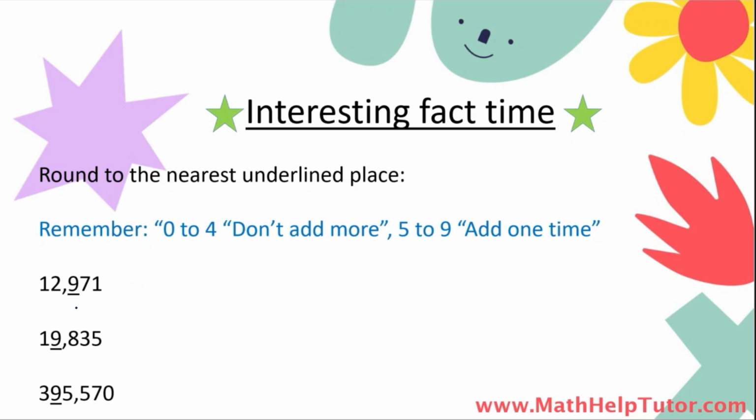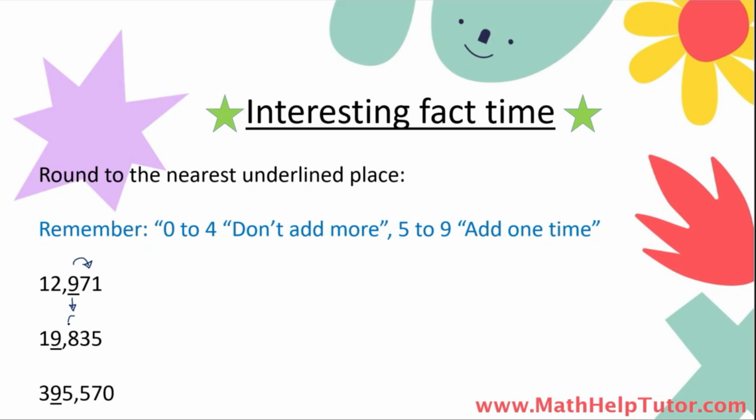Now let's try using this technique on numbers that have the digit 9. Remember to be careful with rounding the digit 9 and always see if your answer makes sense in the number line. So for the first number, we are being asked to round to the nearest hundreds place. So what we do is we look at the digit to the right, and that is 7. Since 7 is within 5 to 9, then that means that we have to add one time. So 9 becomes 10.